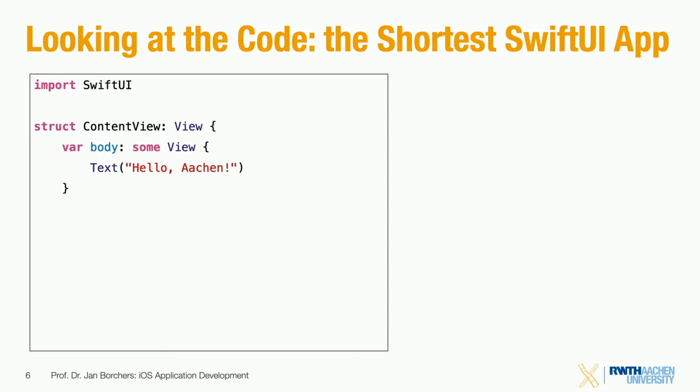It's a trailing closure syntax that we're seeing, and so it's a computed property, right? I'm not giving it any value here per se. I'm saying whenever the struct content view is asked for the value of its body property, it will compute that property by executing this code.